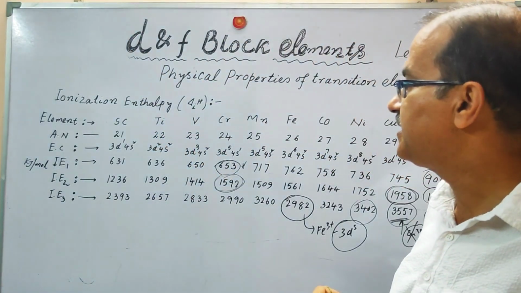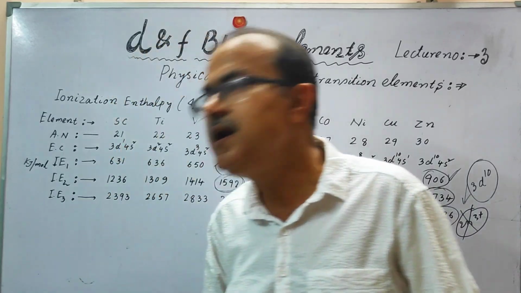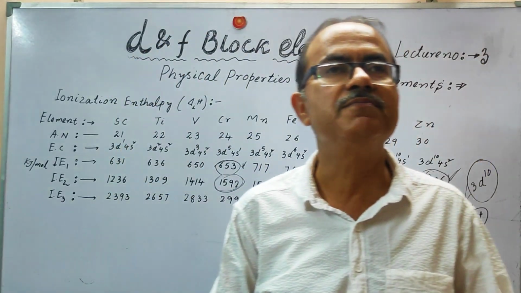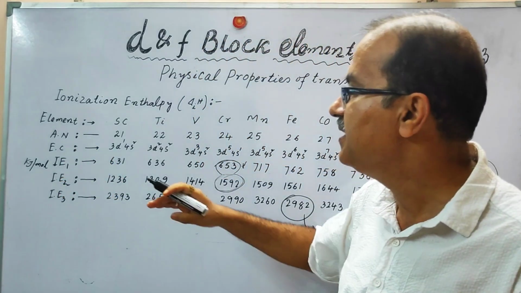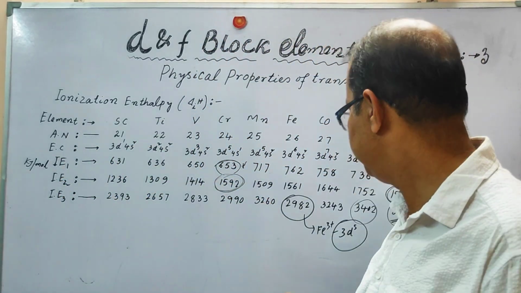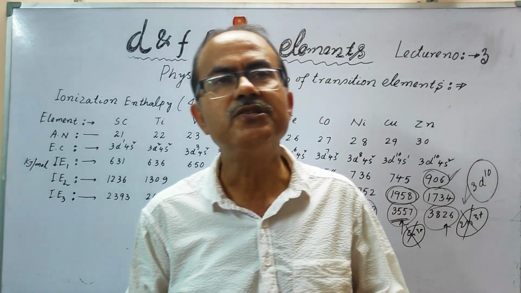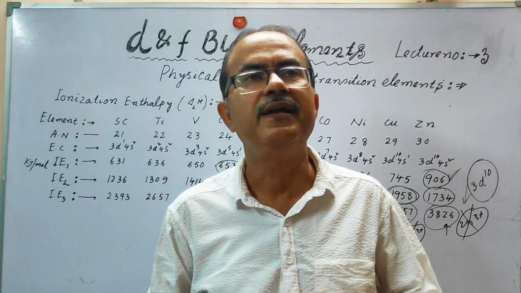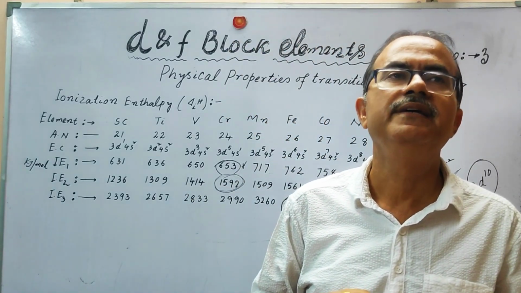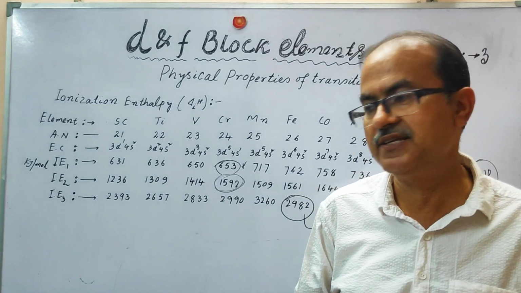Okay, so we understand that the third ionization enthalpy is very much higher than the second ionization enthalpy. I think so. The ionization enthalpy of the third 3d series, that we understand very well, and that is a very, very interesting thing.